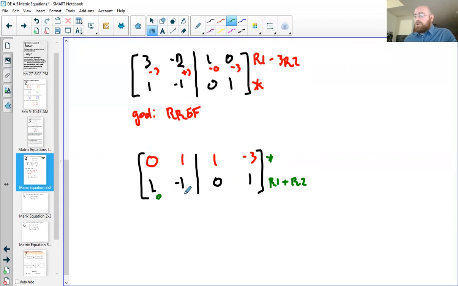So plus 0, plus 1, plus 1, and we're adding, so it would stay a -3. Writing down below, we have 1, 0, 1, -2. 1 minus 3 is -2. Carrying down our first row, which has not changed in this step, we're just copying down.